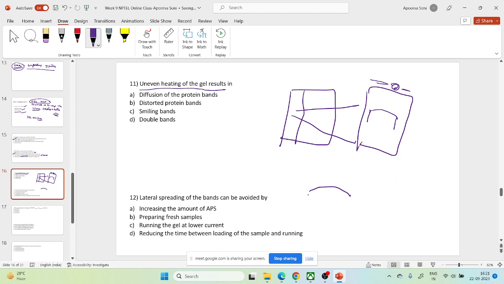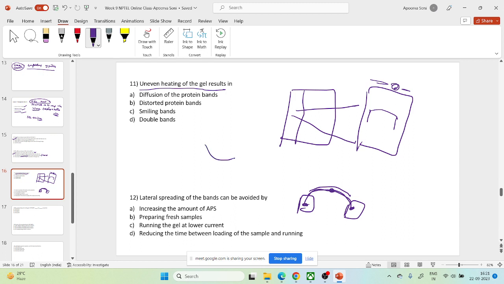Could you understand? See, if you have a band like this, that means this portion and this portion has moved faster than this portion, because this portion was heated more, therefore it moved faster, and this portion was heated less, therefore it moved slower.